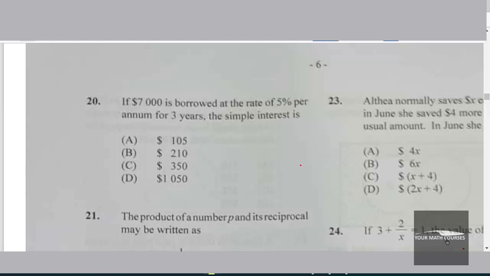If 7,000 is borrowed at a rate of 5% per annum for 3 years, the simple interest is, so simple interest is equal to principal times the rate percent times time.